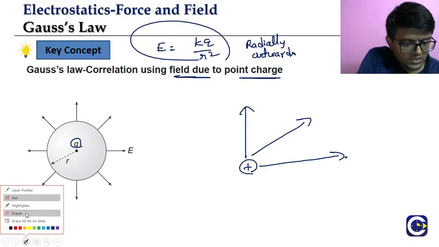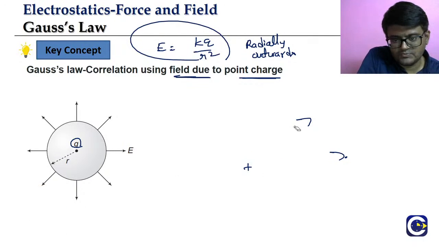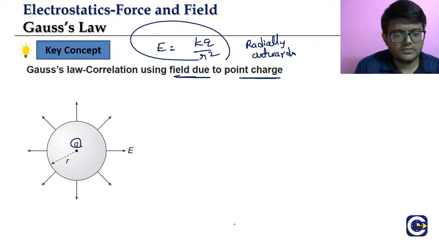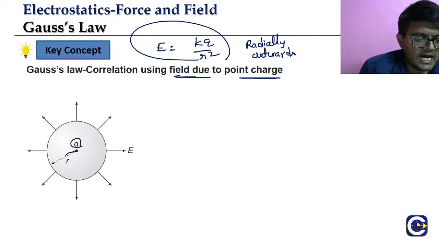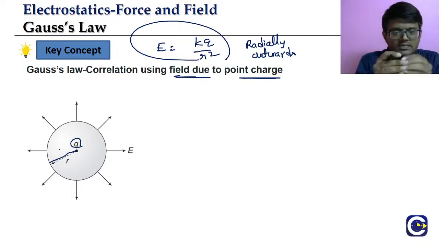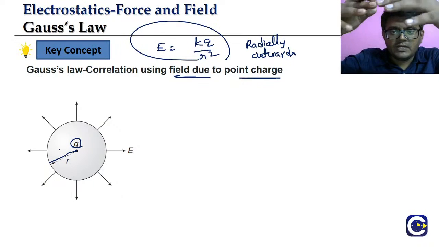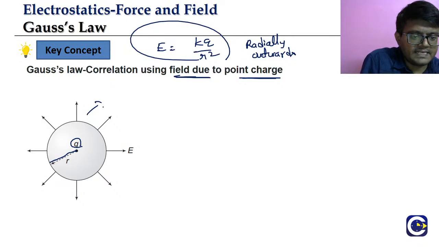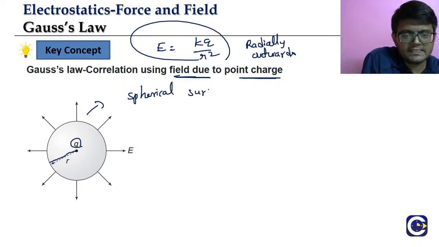a charge q which is positive. Take a positive charge. Now take a distance r from that charge. There, try to consider a spherical surface. We are considering a spherical surface.